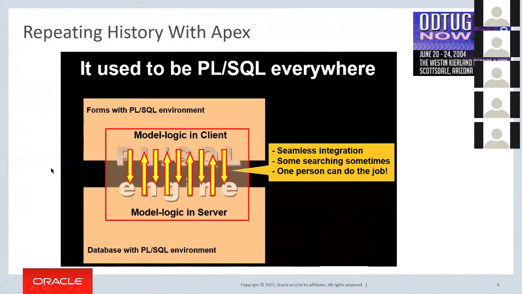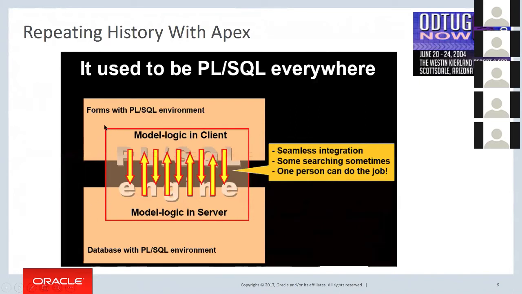And what was very easy to do in the 90s was that you were mixing your application and your business logic code across these two PL/SQL engines. You had stuff inside Forms, you had stuff inside stored procedures in the database. And it was very easy to do that. There was a seamless integration, and typically there was just one person doing the job.